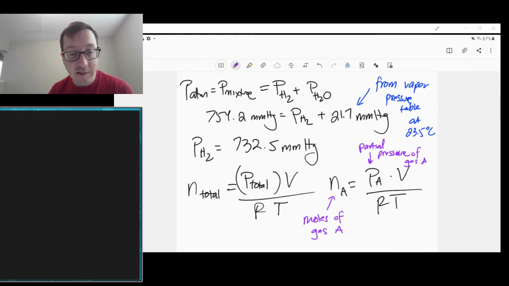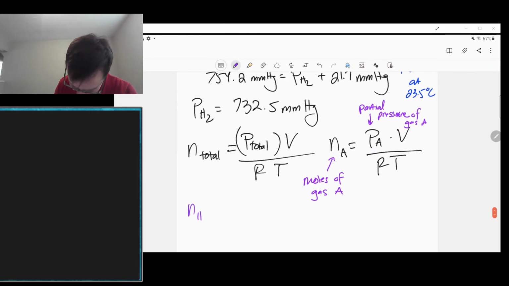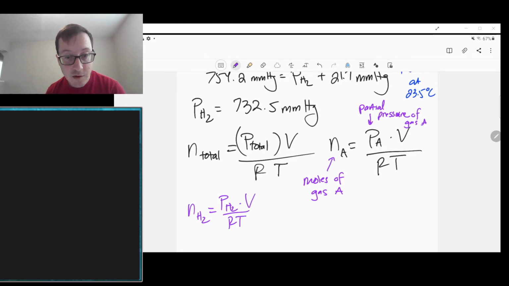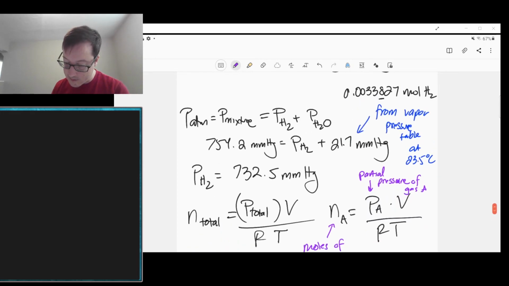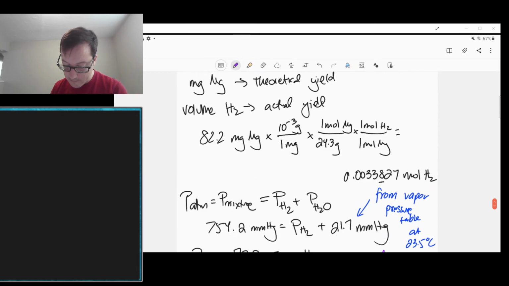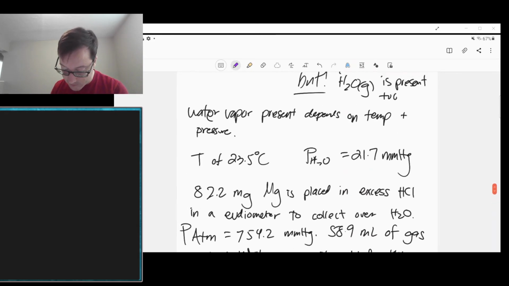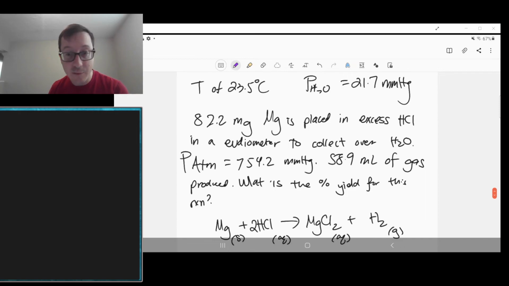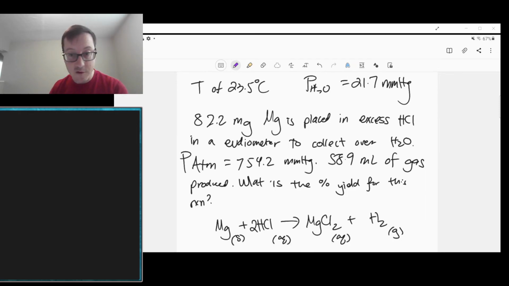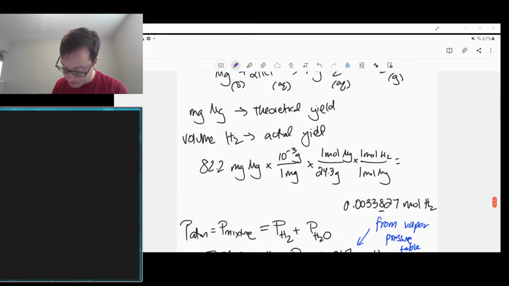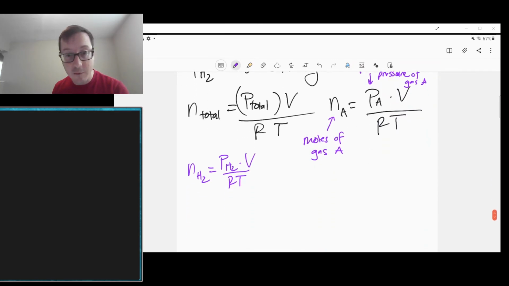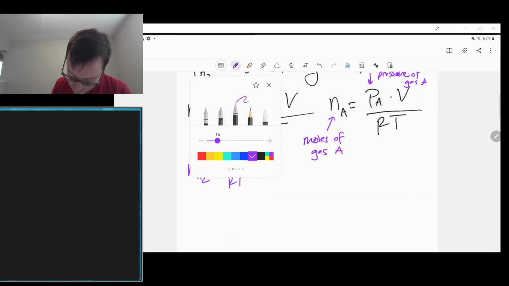So now that we've figured out the partial pressure of hydrogen, we can say, well, the moles of hydrogen would be the partial pressure of hydrogen times the volume over RT. Right? Volume and temperature are the same for your mixture. So water vapor is going to be at 23.5 degrees C, and it's going to take up 58.9 mLs. Those are the same for water as it is for hydrogen. The pressure and the moles are what change for mixtures.